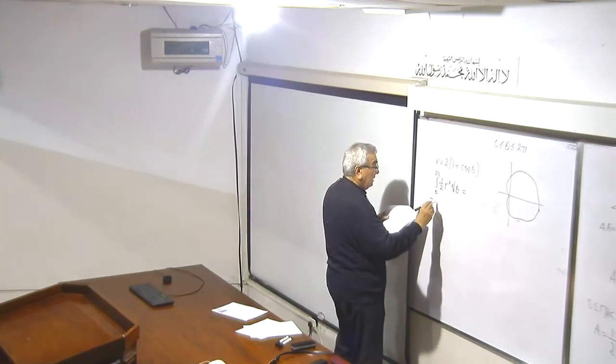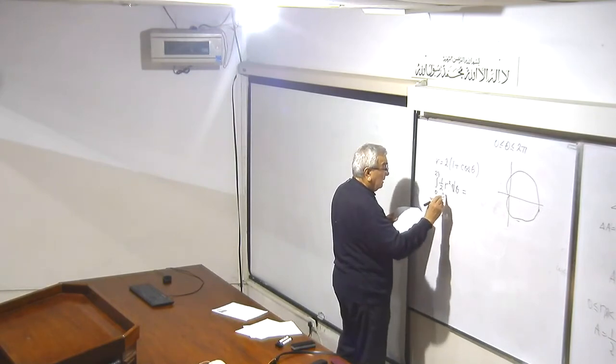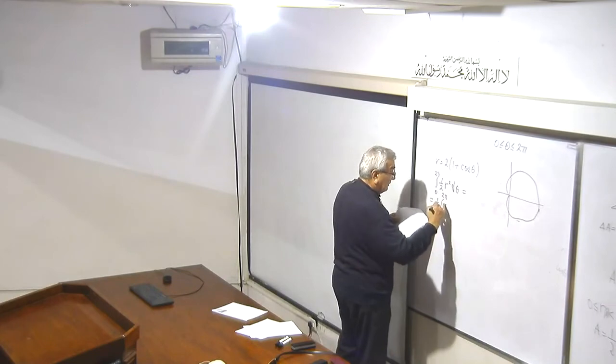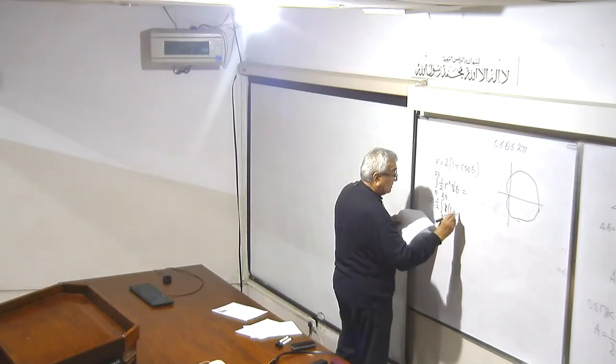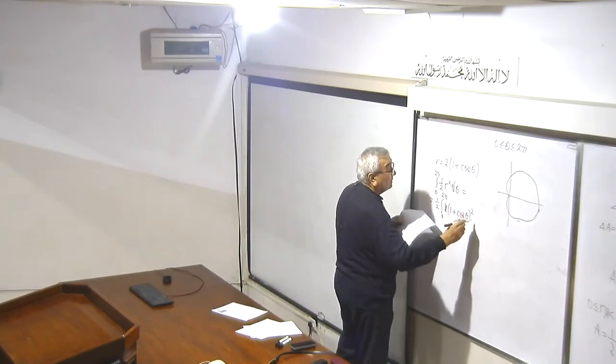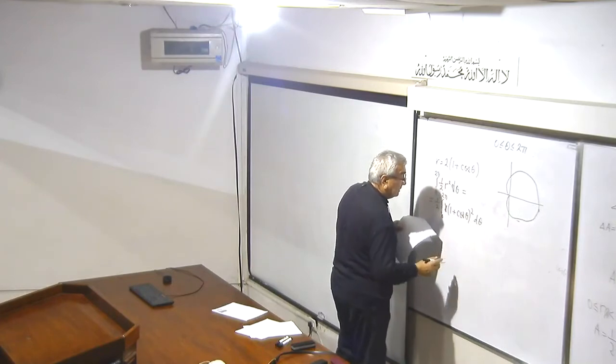So I plot here 1 by 2, the integral from 0 to pi, 1 plus cos theta square d theta.